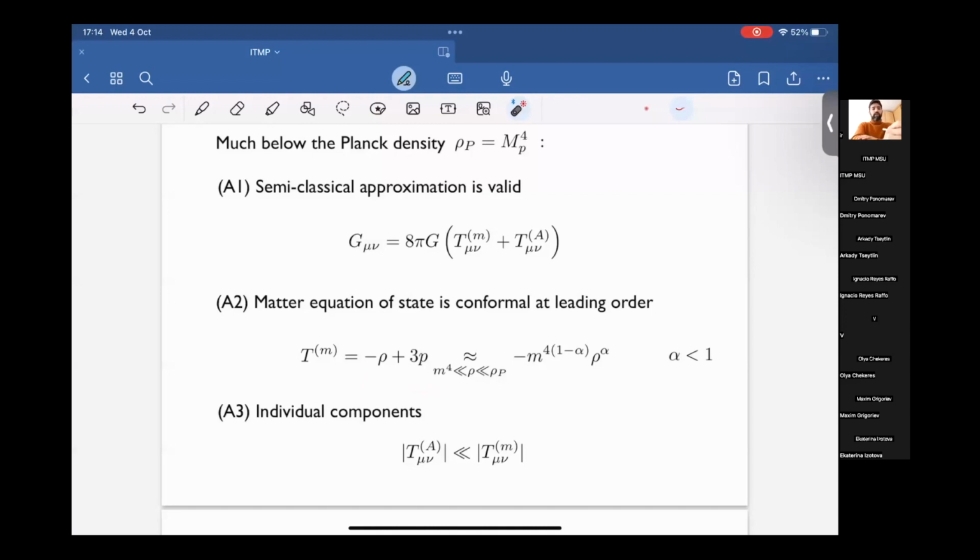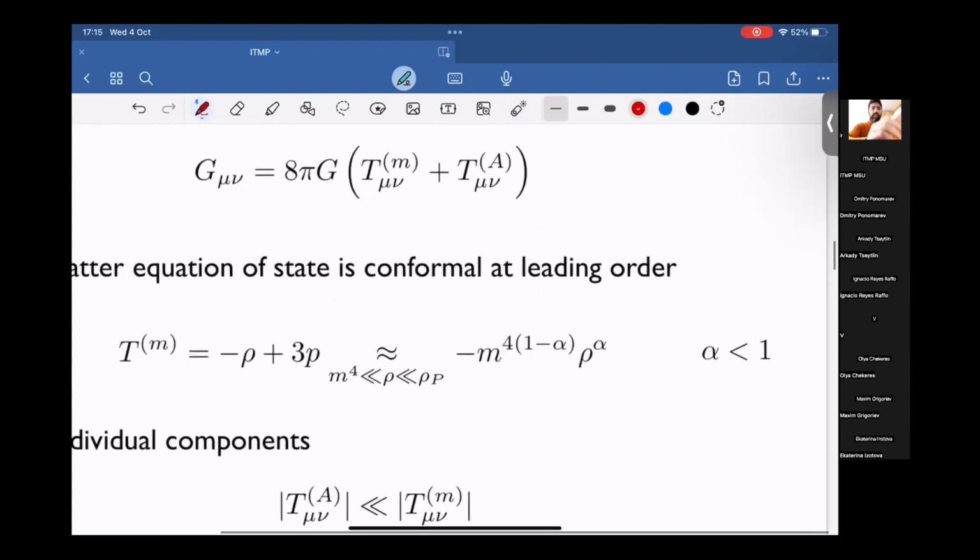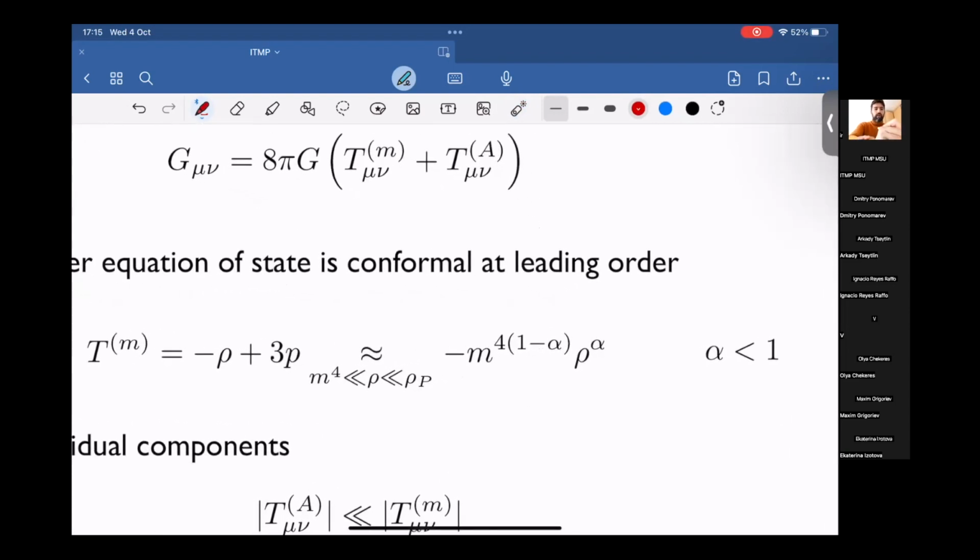What that means is that in this trace, there is no contribution that is proportional to either rho or p. That term cancels. And then there are going to be subleading terms, and from those subleading terms, you simply read the coefficients alpha and m. So I'm going to give an example in a second, but let me anticipate.